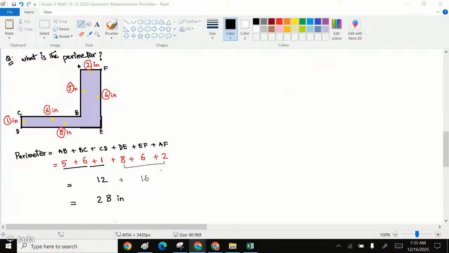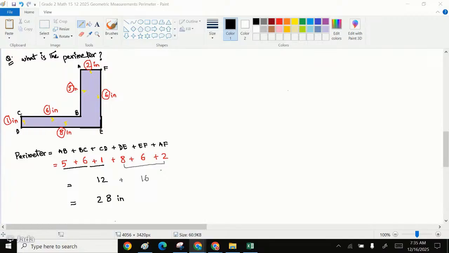So now we know that perimeter is something that is the outer boundary of the shape. We have no limitations on the sides of the shape, right? They could be 3 sides, they could be 4, 5, 6, 7, 8, 9, 10.